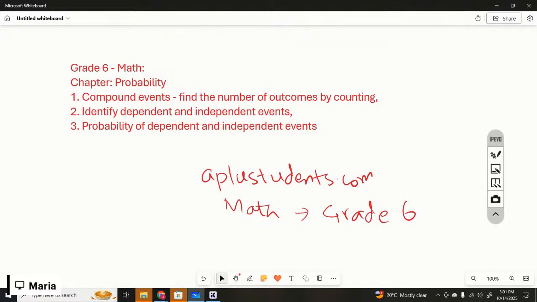We're going to start with the chapter probability. The lessons we're going to cover today are compound events, find the number of outcomes by counting, identify dependent and independent events, and probability of dependent and independent events.